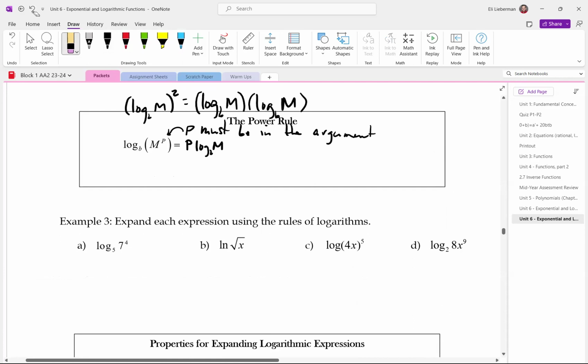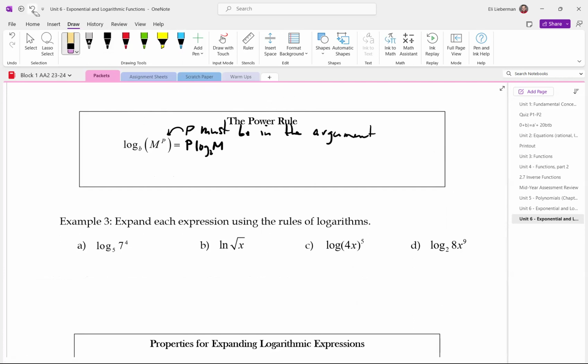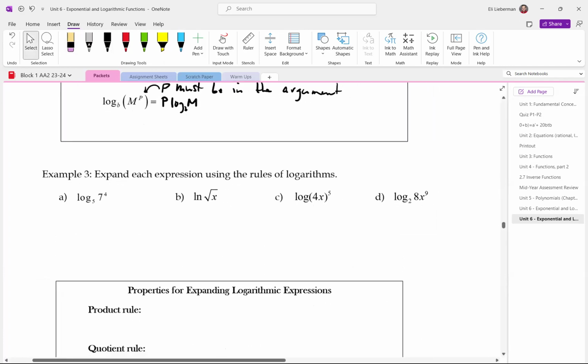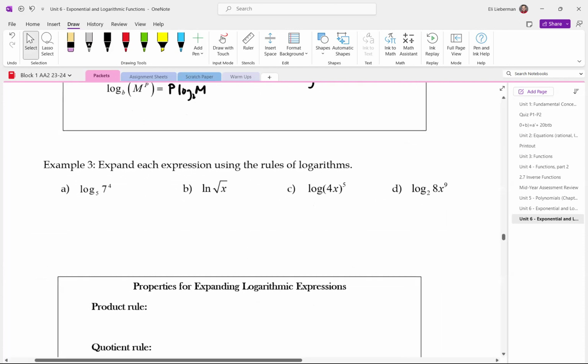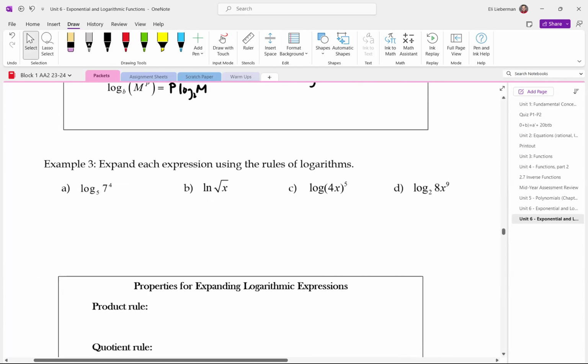Okay, now here's what I have here on this side. So is A difficult? Okay, let's see if you can escape these without error.